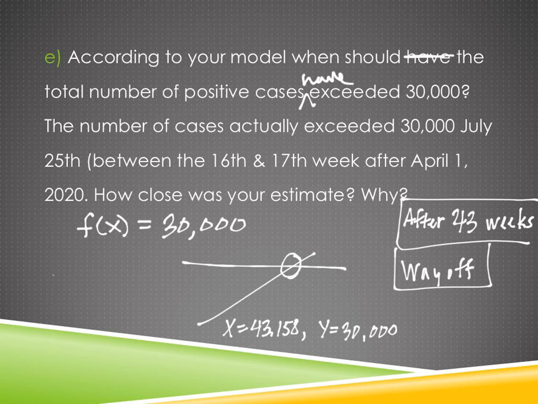Okay, you haven't done the intersect then. So hit second trace. Okay, good. And then hit number 5 and press enter 3 times. Did it work? No. Okay. There's no intersection on the screen.